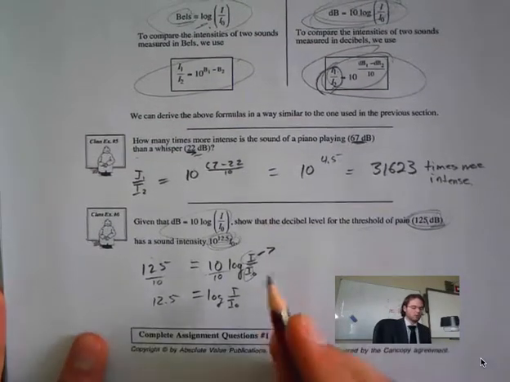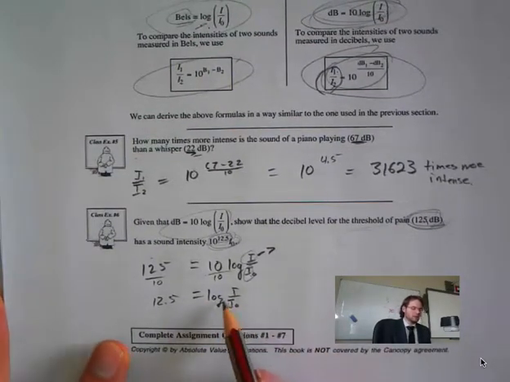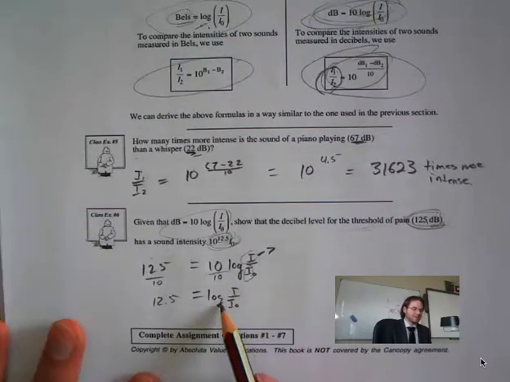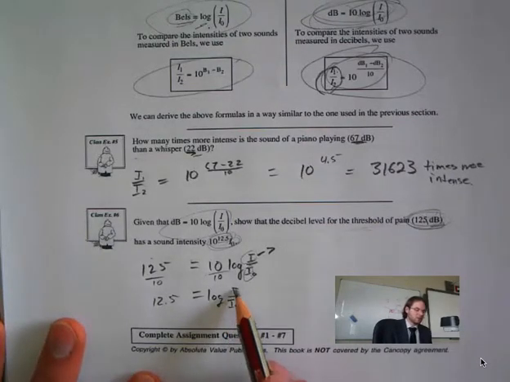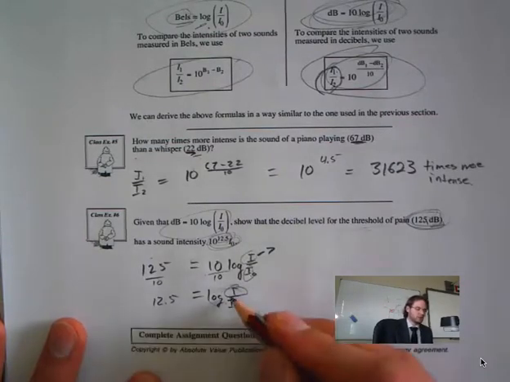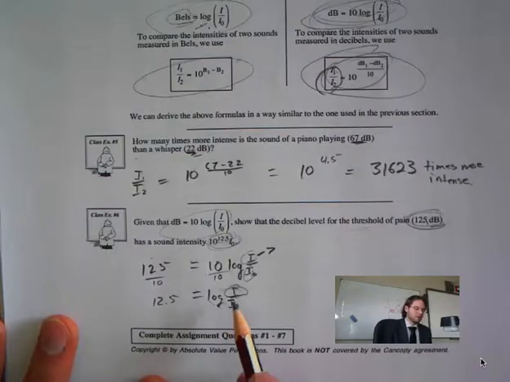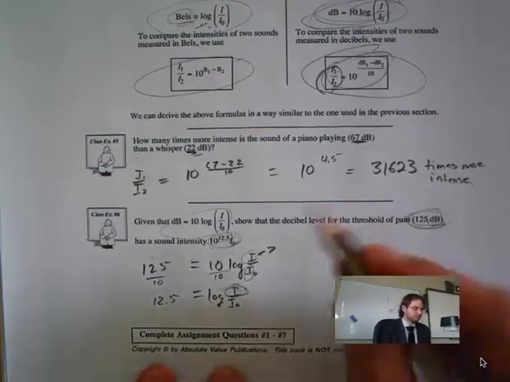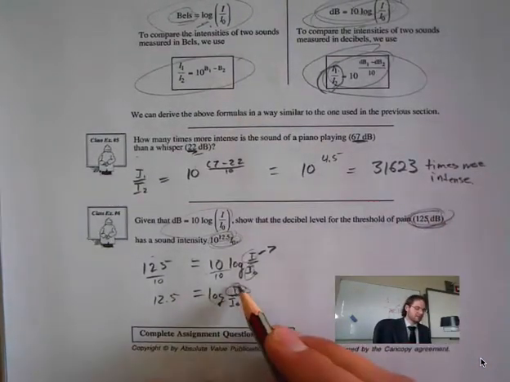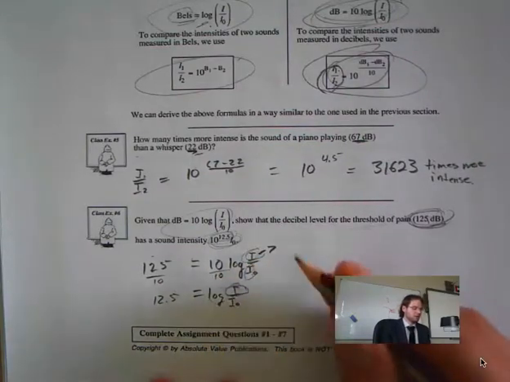Now the next part we're going to have to do is, well, what is this saying? We're going to have to rearrange this equation. We want I all by itself, the intensity all by itself. So what is the intensity of that? That is this guy. So we're isolating for him.